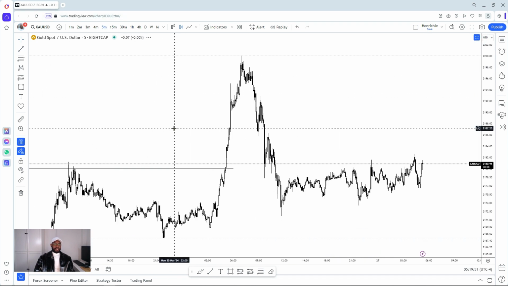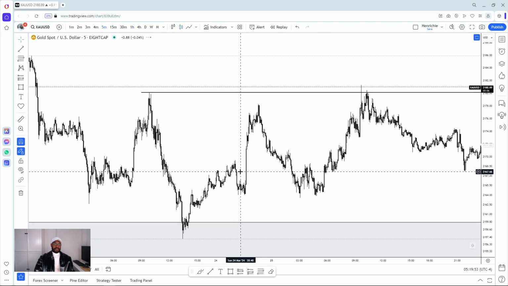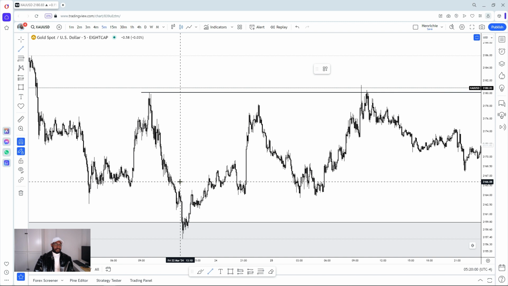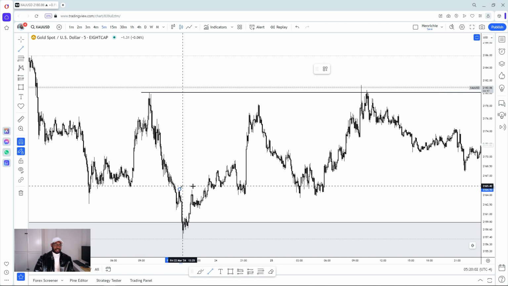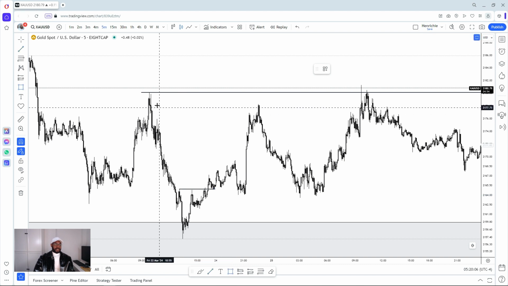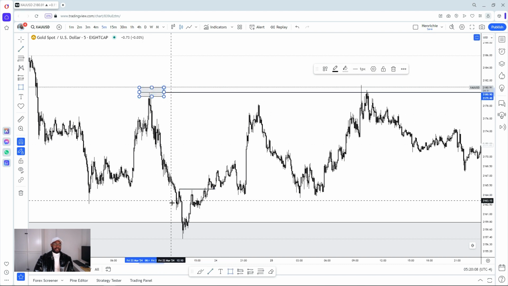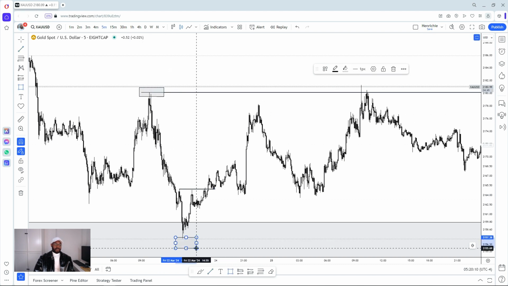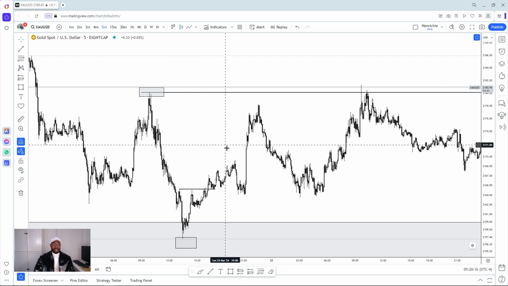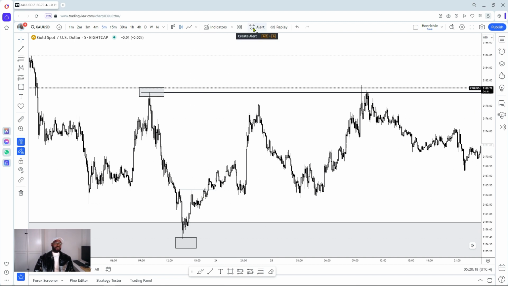But what I wanted to see overall from that key level was a 5 minutes break of structure. And what makes it even nicer is the fact that after we broke the 5 minutes high, this right here is a swing high, swing low on 5 minutes time frame. So for a key level to be high probability, I want to see a solid break of the swing high on 5 minutes.